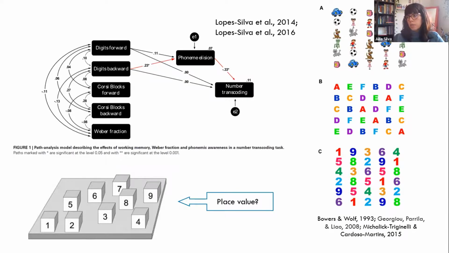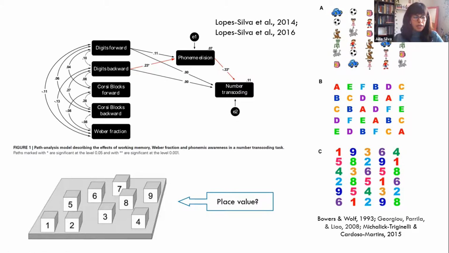We are not as transparent as German, but we are not as irregular as English. So Cláudia Cardoso Martins, for instance, emphasizes that in Portuguese, rapid automatized naming tests are an important predictor of word reading and writing. And it's interesting to see that it also holds for number reading and number writing.